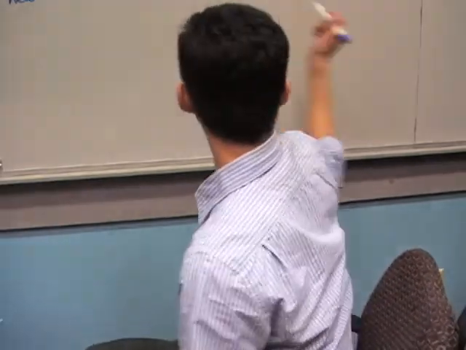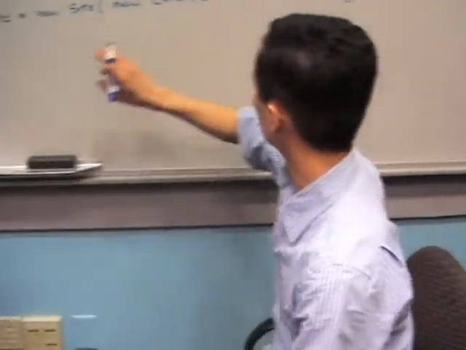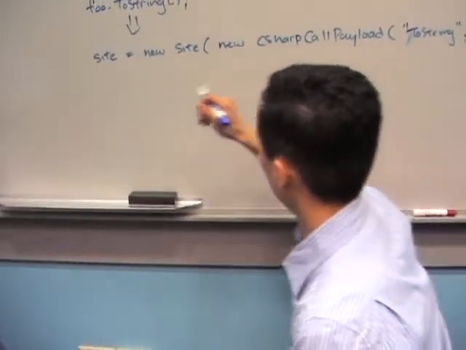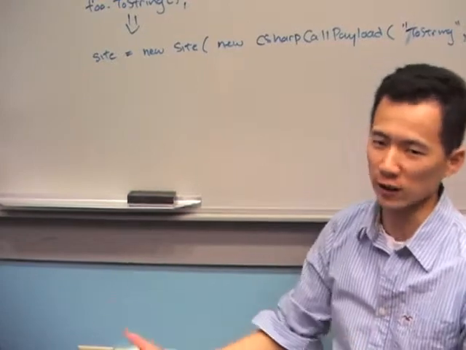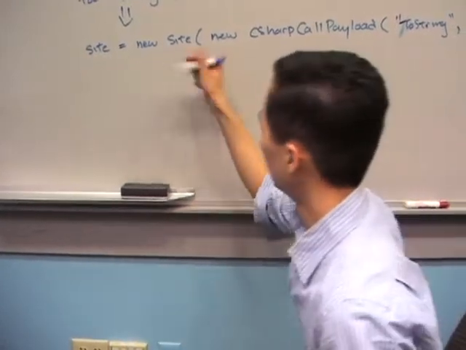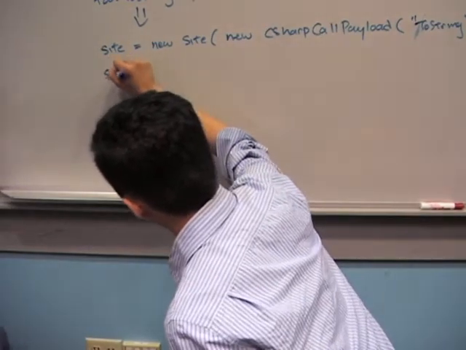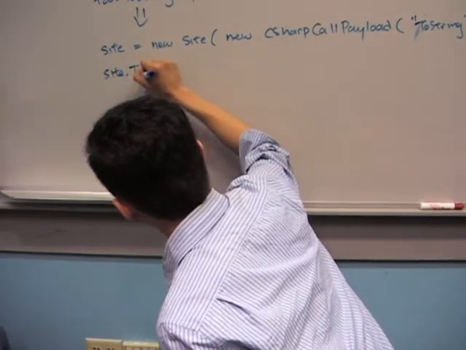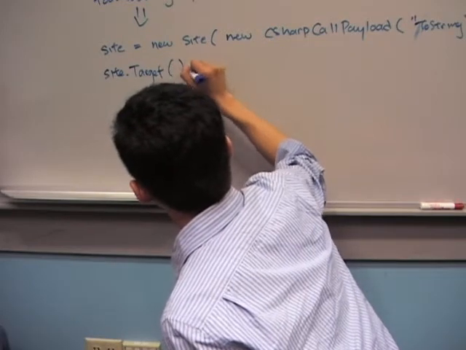What we end up doing is initializing the call site and then invoking the site. There's a lot more magic around here, like Chris was saying, and we only initialize it once. But the site ends up having a target delegate, which I'll just call target for simplicity's sake, and we end up invoking this.